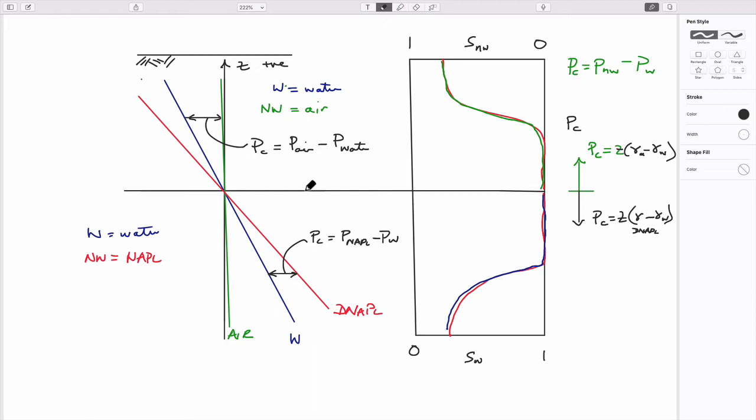And so the idea is that the pressures, if you had all these three phases continuous and connected from the surface, I should also say that this is the water table.